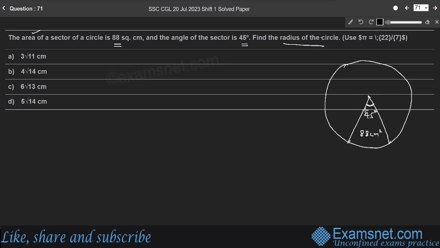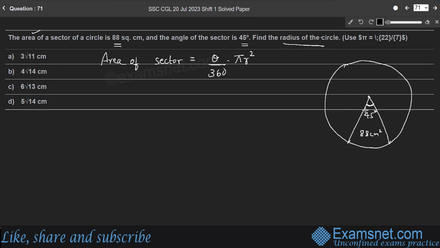So very simple question, students. We are using the direct formula for the area of the sector. Area of a sector of a circle is equal to theta by 360 into pi r square, theta by 360 into the area of the circle.